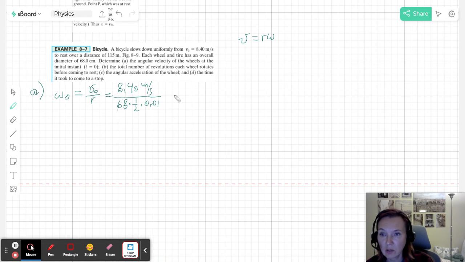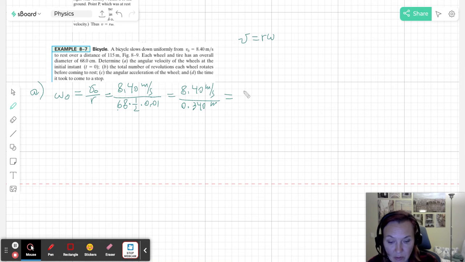That gives us 8.40 meters per second over 0.340 meters. Once we divide, we get 24.7 radians per second.